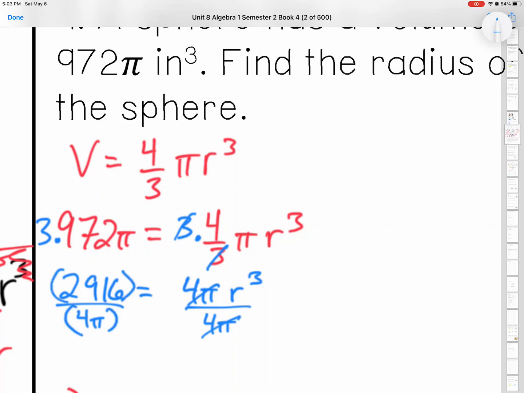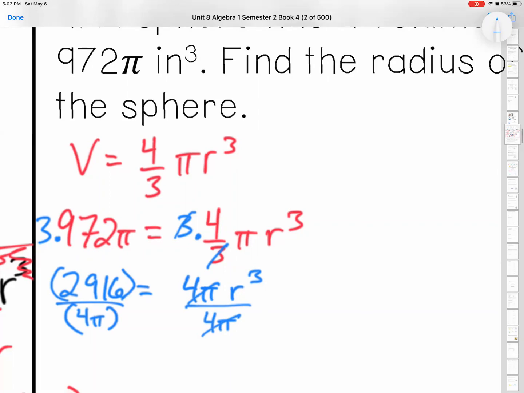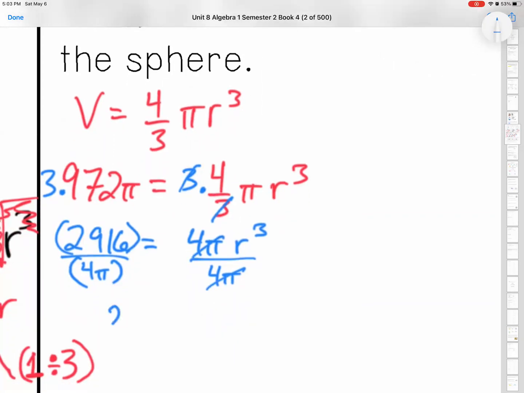We end up with this crazy weird decimal. 232. I'm just going to write this really long one. 0479070279834.